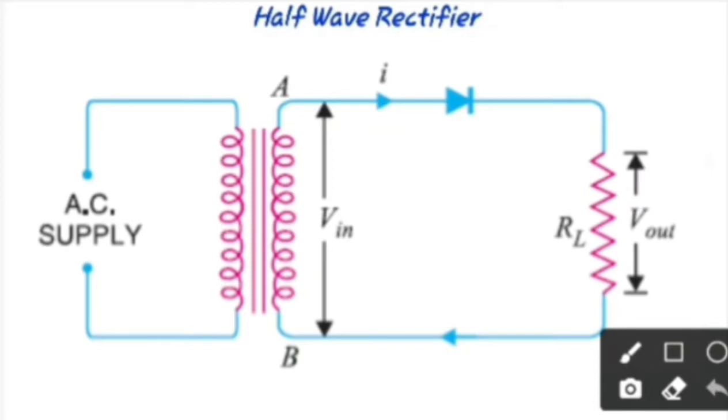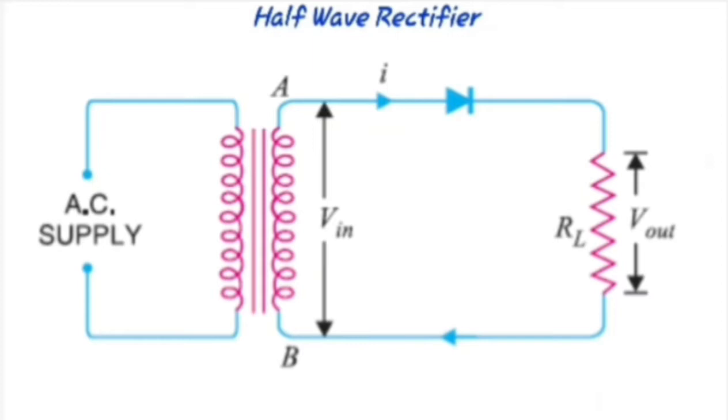So what is the procedure for the rectification of input in half wave rectifier? That I am going to explain using this diagram. When input is applied at the primary coil of the transformer, then at the output A will be seen positive with respect to B when some sine wave is applied.